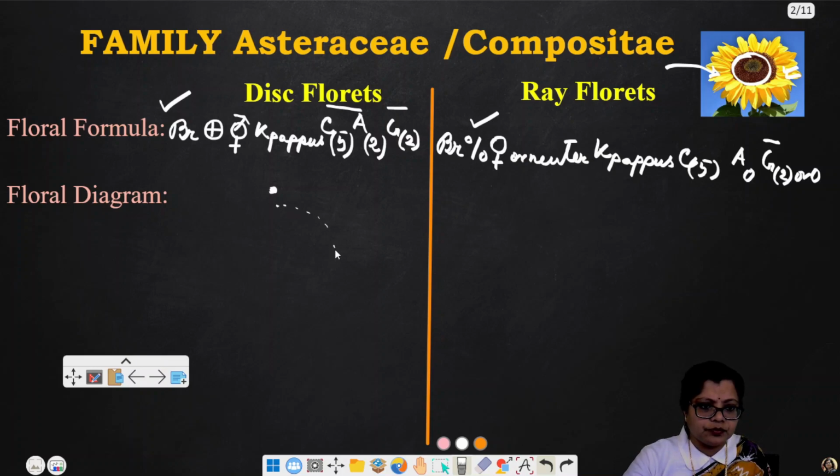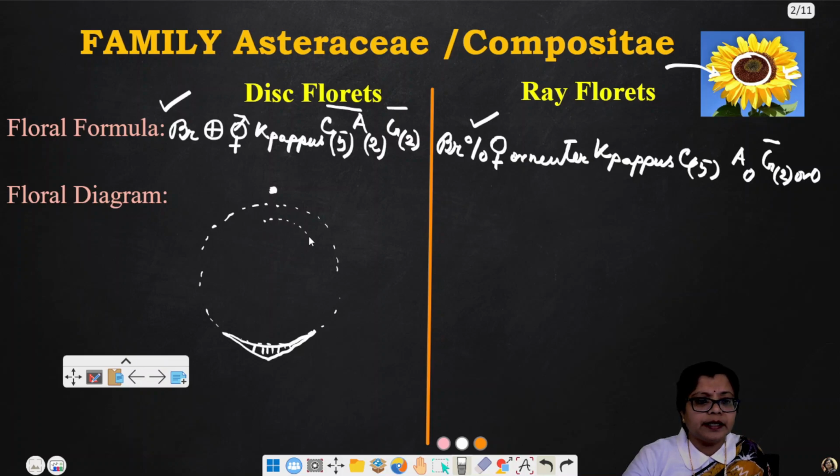First we draw the outermost, that is the bract. Bract present, so we have to mark. That is, in the axil of the bract, inflorescence develops. So bract is present.